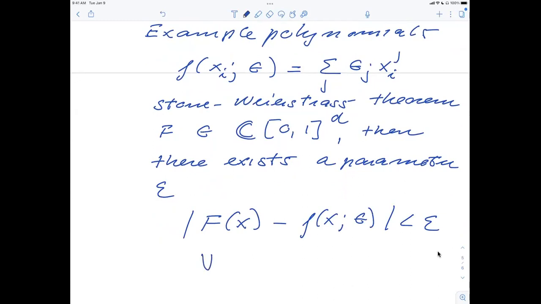And this applies for all x values which live in the domain of 0,1 on the so-called unit circle here.